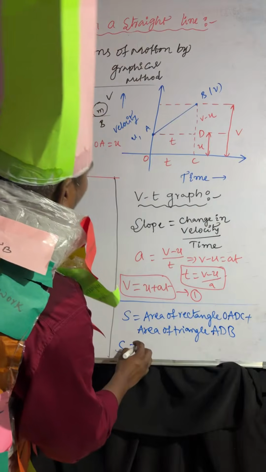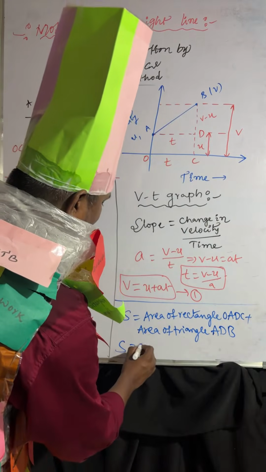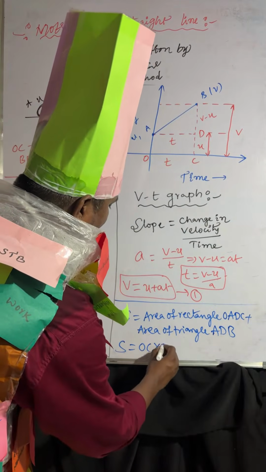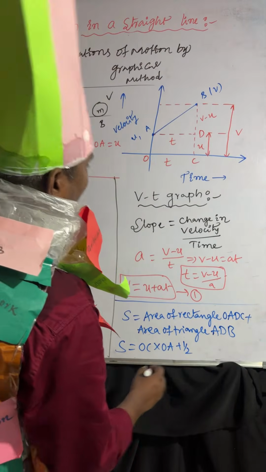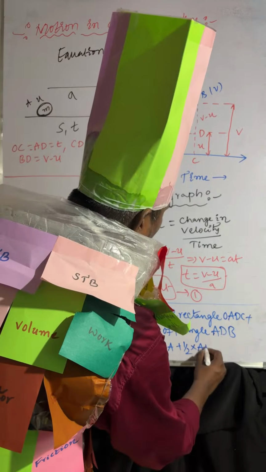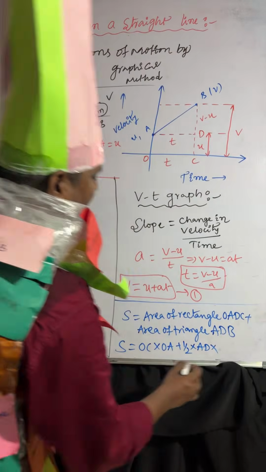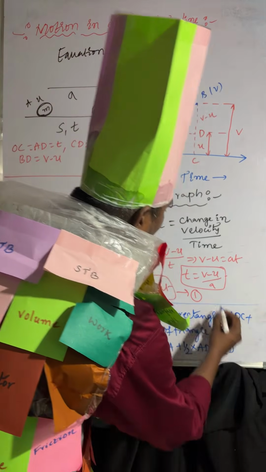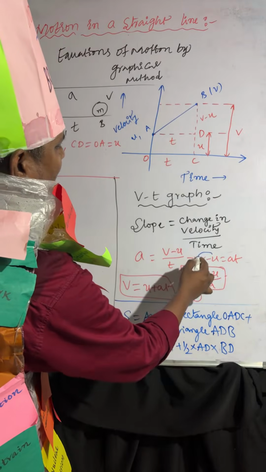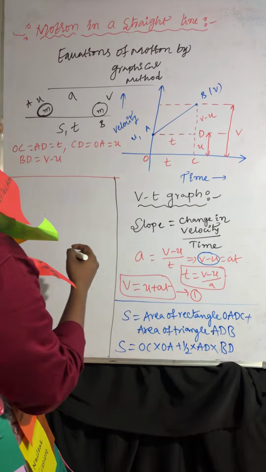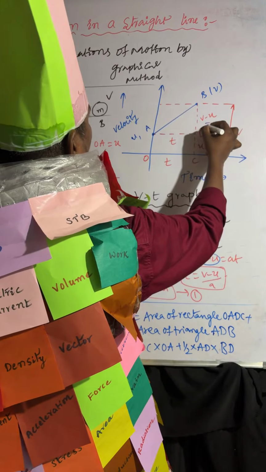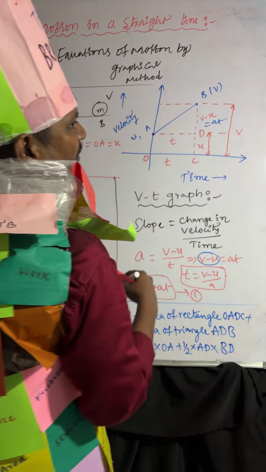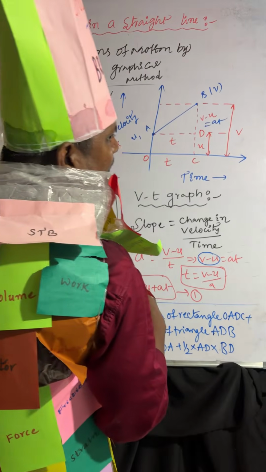Now S equal to OC into OA plus half into AD into BD. Here V minus U equal to A into T, so we can substitute it in the equation.